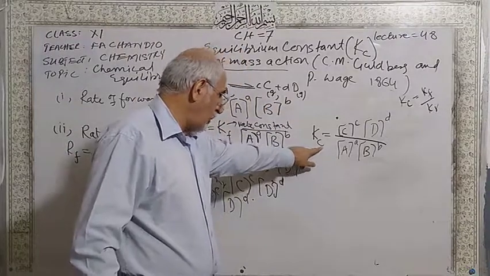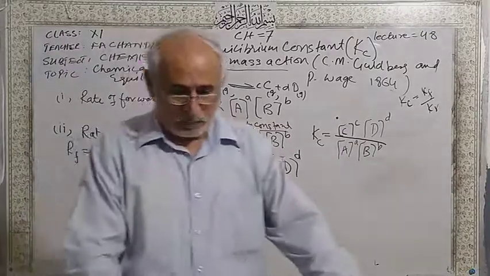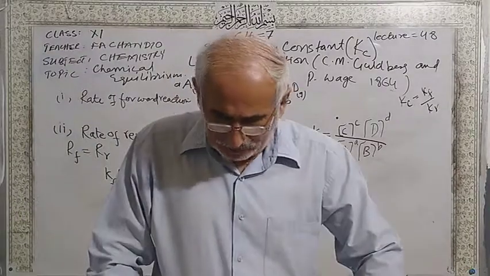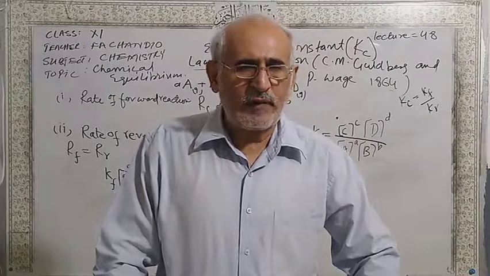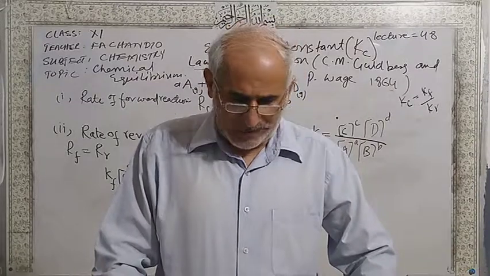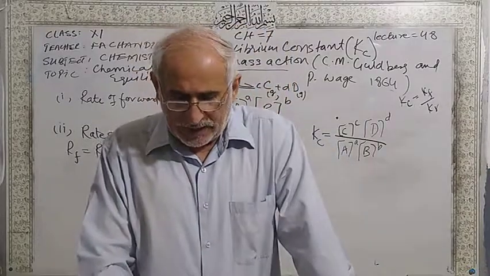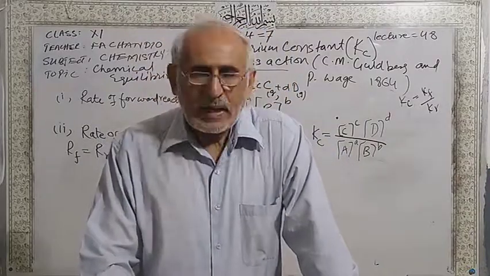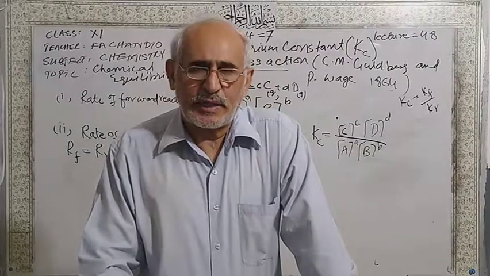The Kc equilibrium constant can be written from the balanced chemical equation, and the step I told you is very important, don't make a mistake. The concentration of products is taken in the numerator and the concentration of reactants is in the denominator.